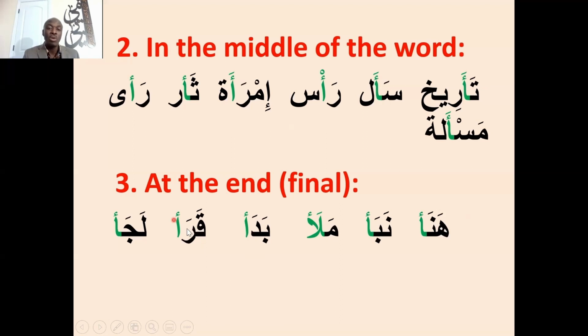Qara'a is to read. Also fatha, so the alif is the seed for the hamza. Laja'a is to resort. And we see the jim has the fatha, and the hamza here has sukoon. I didn't put the sukoon, but the sukoon is weaker than the fatha, so the fatha determines which seed, and in this case it is alif.